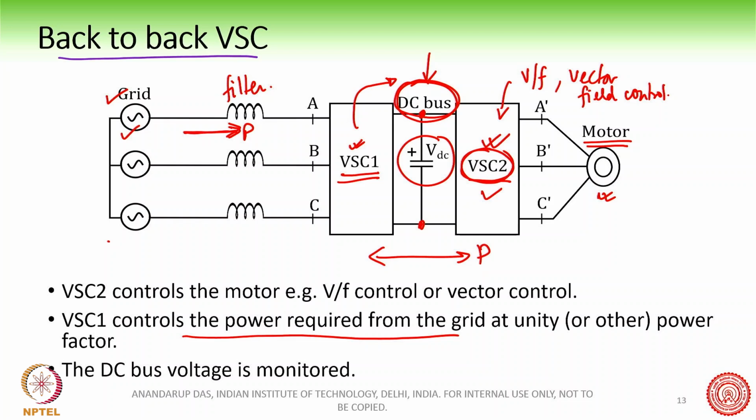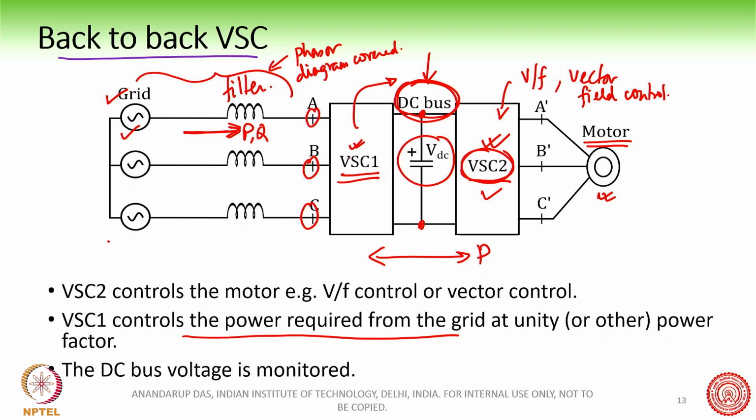And we have seen how the VSC1, by changing this voltage, this VAN, the phasor diagram between these two, we have covered a few slides back. So by adjusting that phasor VA, it can control the P and Q from the grid, right?